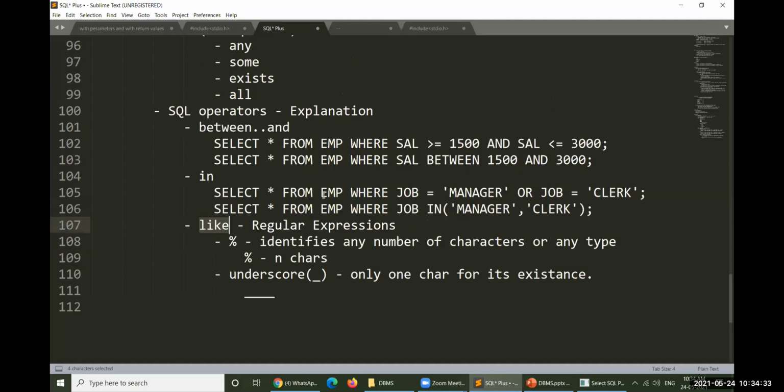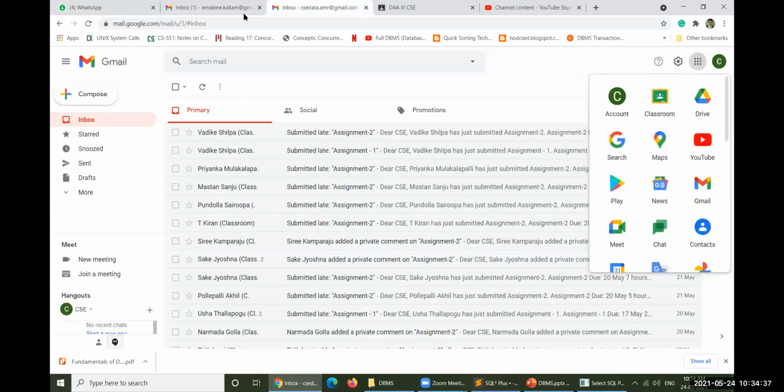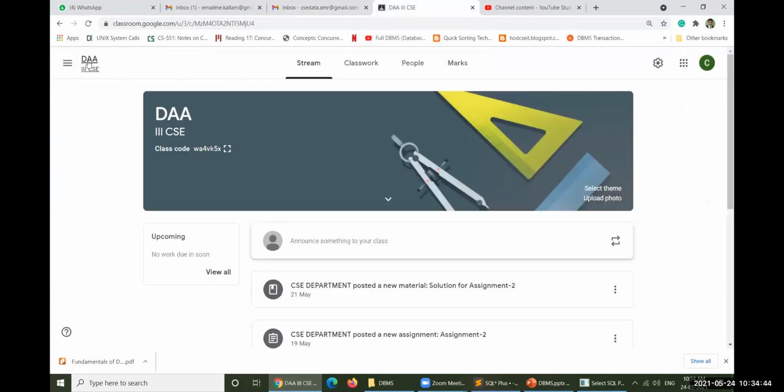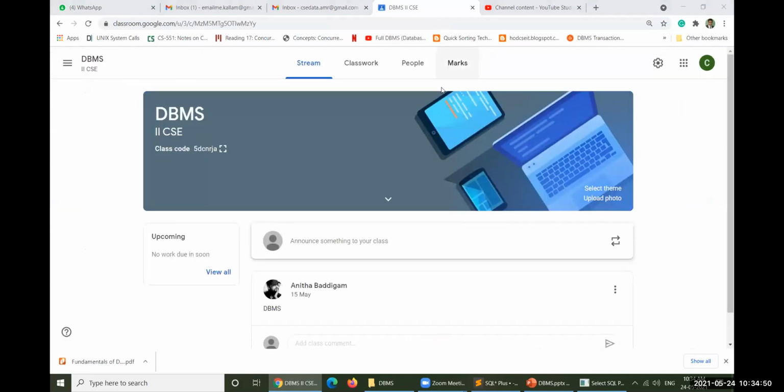Okay, so I believe that you people have not joined into the classroom. Oh, already it is there. The DBMS classroom is here. Just go through this particular classroom one more time. So how many people have joined here?